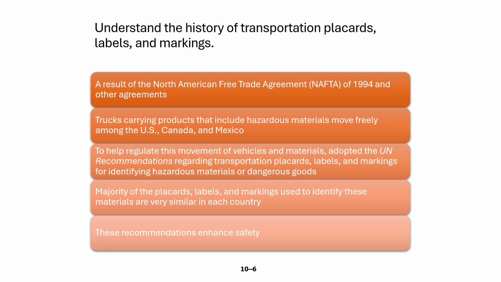NAFTA partners have adopted the UN recommendations regarding transportation placards, labels, and markings identifying hazardous materials or dangerous goods. A few country-specific variations still exist, but the majority of the placards, labels, and markings used to identify the materials are very similar in each country.